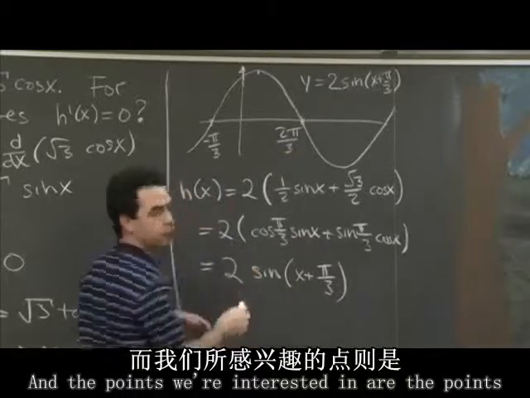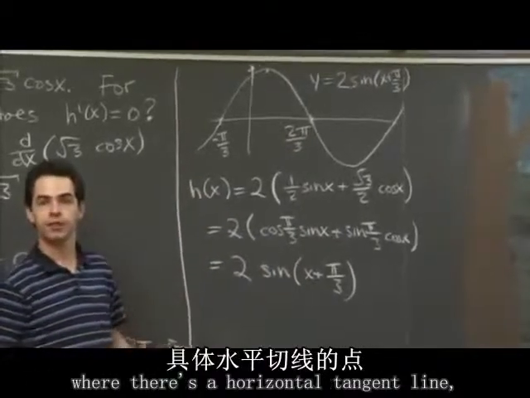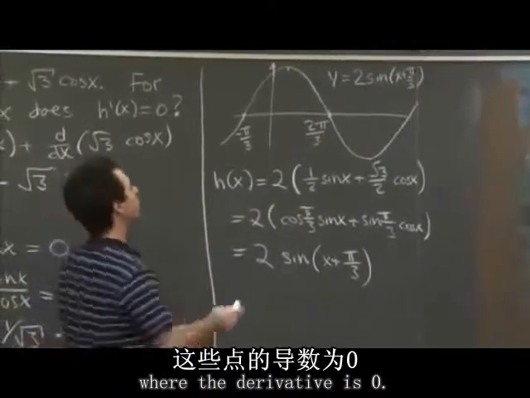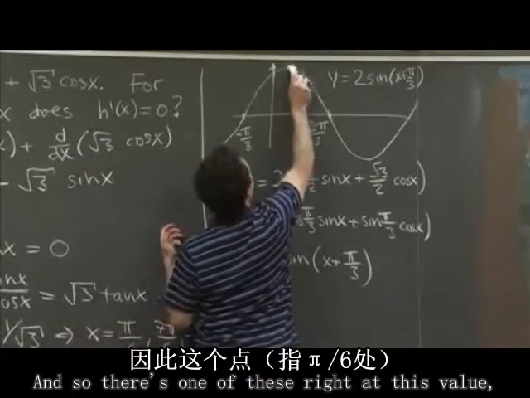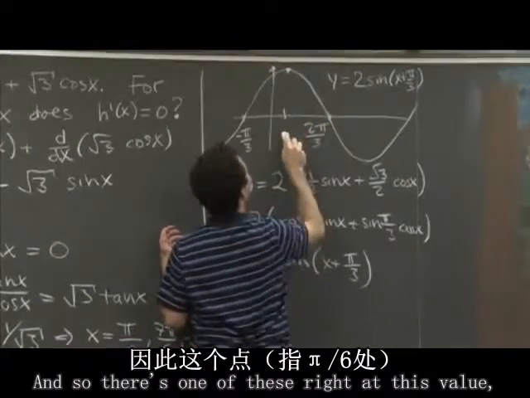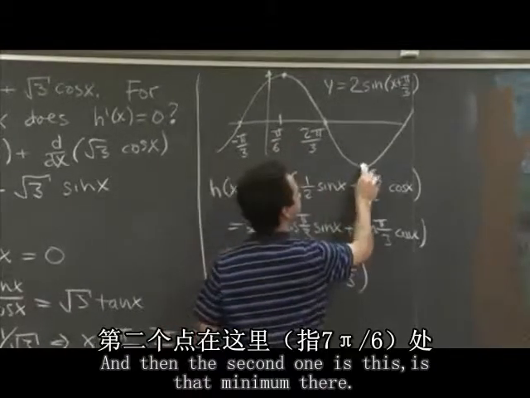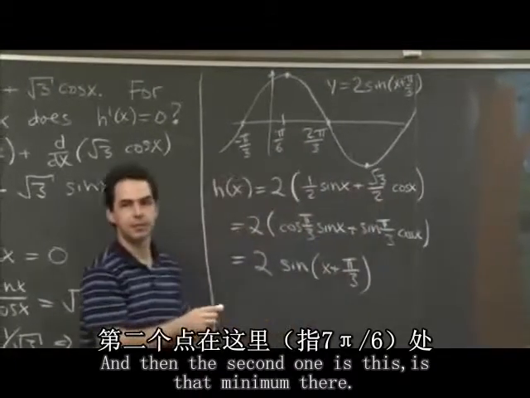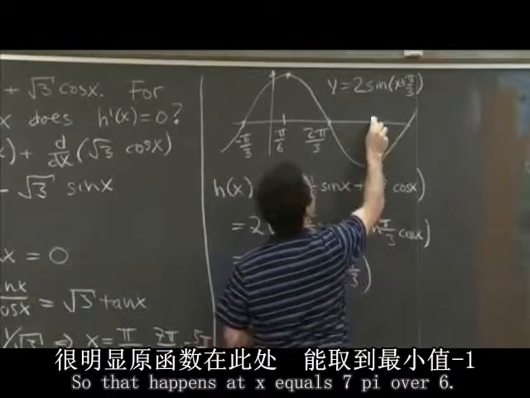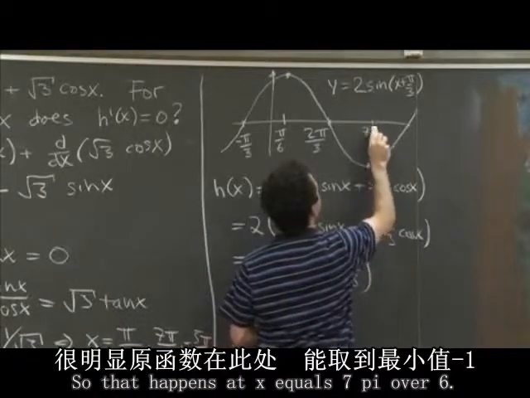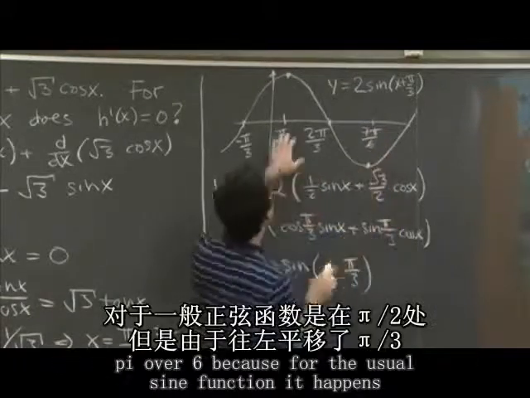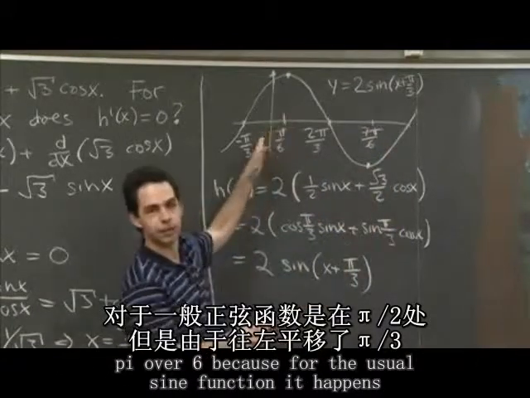And the points we're interested in are the points where there's a horizontal tangent line, where the derivative is 0. And so there's one of these right at this value, which is pi over 6. And then the second one is that minimum there. So that happens at x equals 7 pi over 6. Pi over 6, because for the usual sine function, it happens at pi over 2.